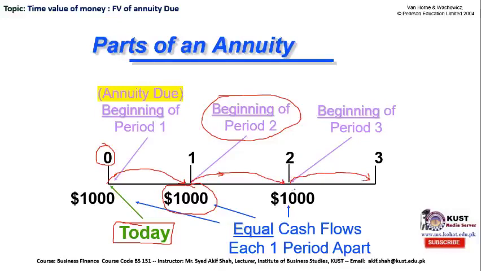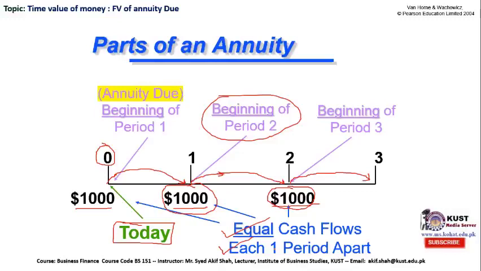So once again, you will be required to deposit $1,000 into this annuity due opportunity. So we can see a clear difference that whenever the period begins, you are required to deposit $1,000, and these payments are equal as well as equidistant from each other, which is 1 year each: equal cash flows, each one period apart from each other.